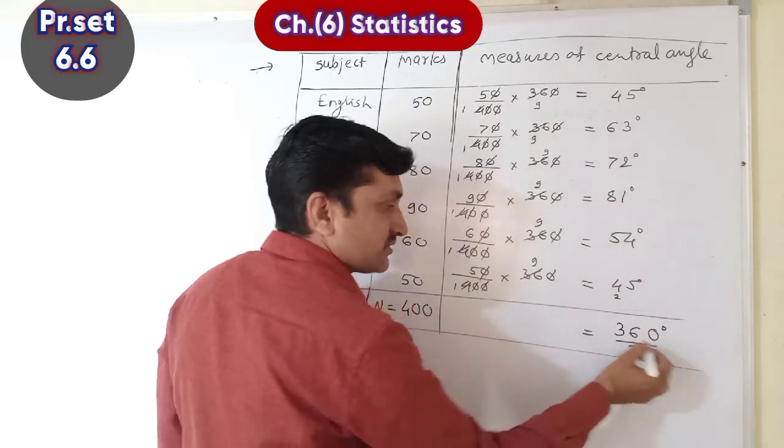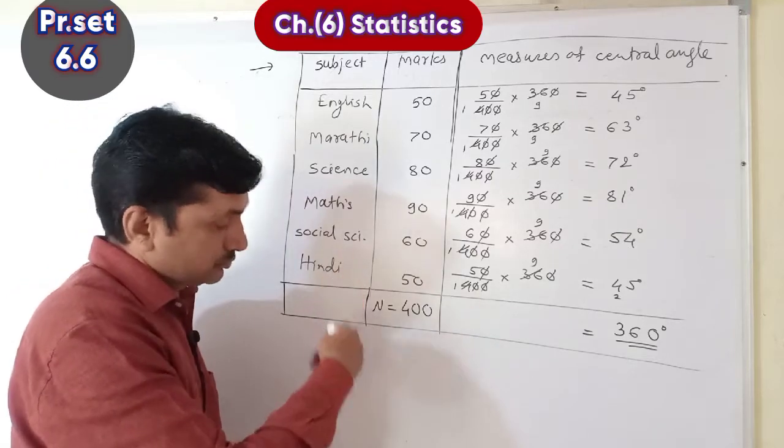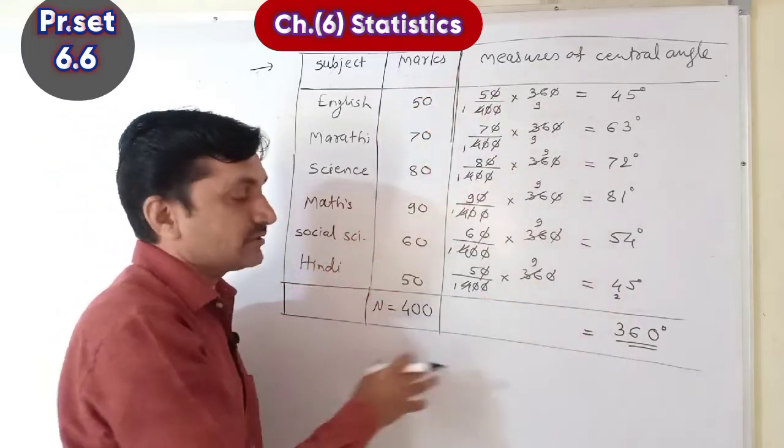See, 360 degree now, and table is correct. Okay, now draw a circle with any radius and then draw all these angles in that circle.